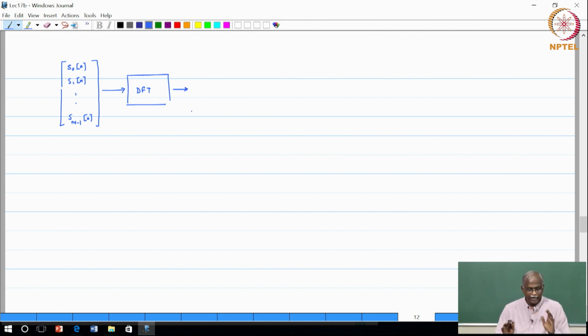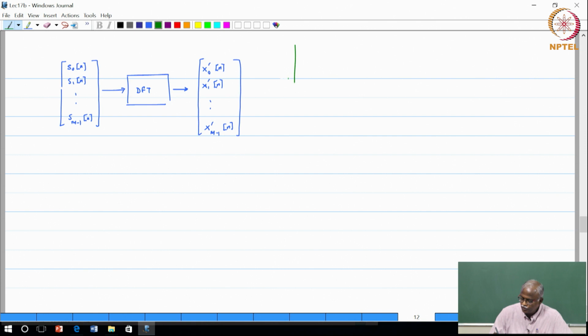I am not calling it time or frequency, I am looking at it as a transfer function, and this produces for us x naught prime of n, x1 prime of n, and all the way to xm minus 1 prime of n. Think of it strictly as a transform, and the transfer functions between these, the corresponding filters, are as follows.